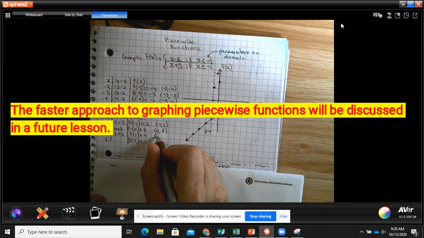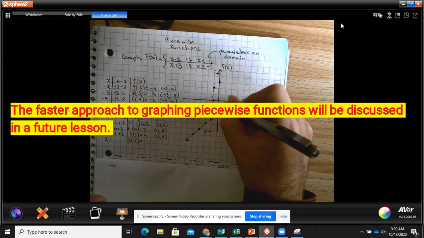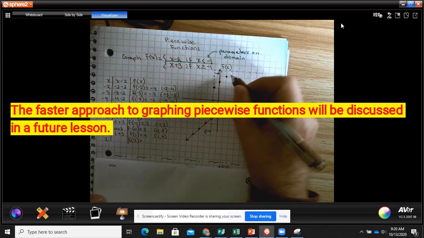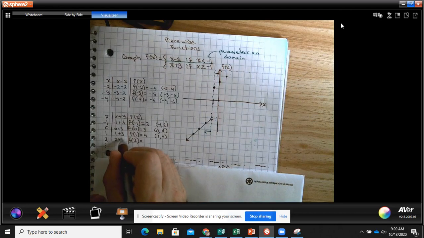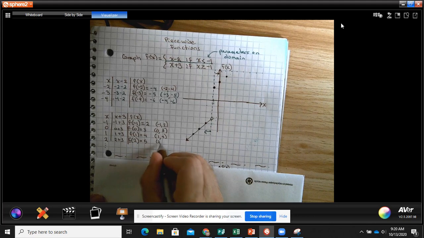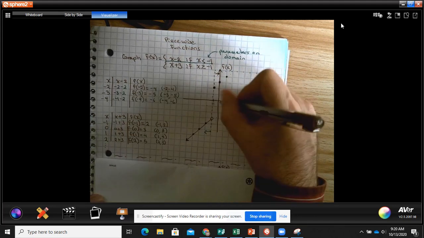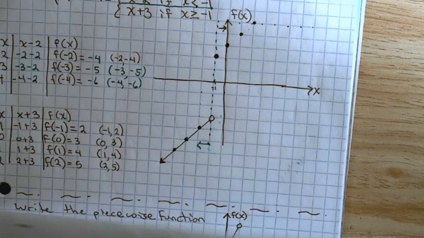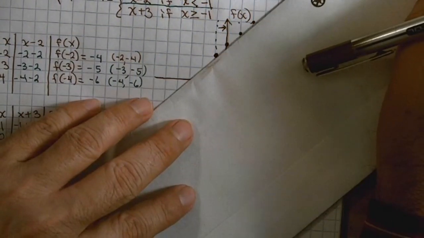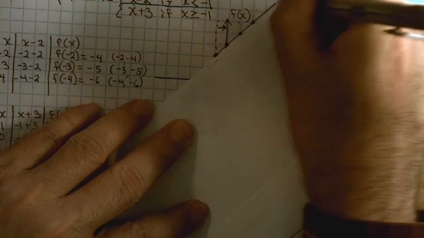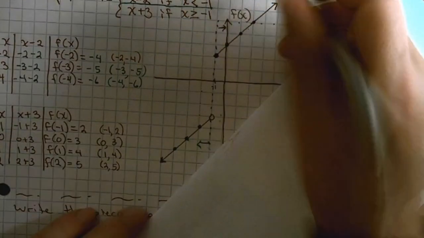Yes, there is. When x is 1, y is 4. When x is 2, y is 5. I connect my dots. And we're done with our graph.